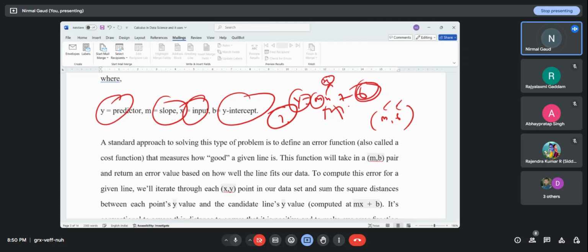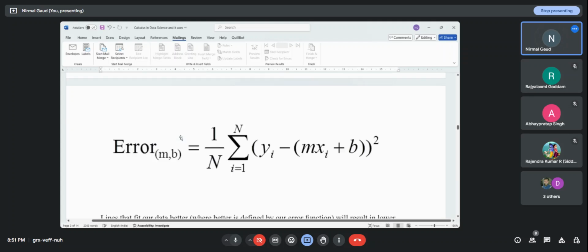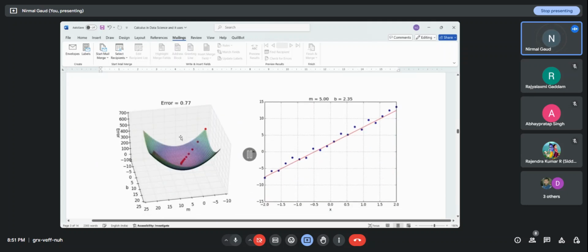That's what happens during training. So m and b are called parameters. So we will be tuning the parameters in model training. And whatever the best values of m and b are, they are put in the equation to predict y. Okay, that we are going to see ahead, not at the moment.